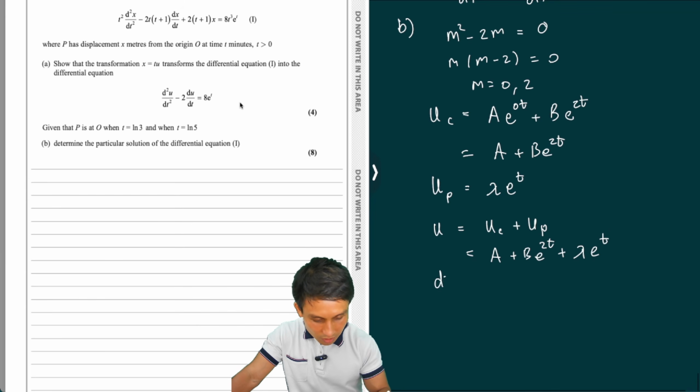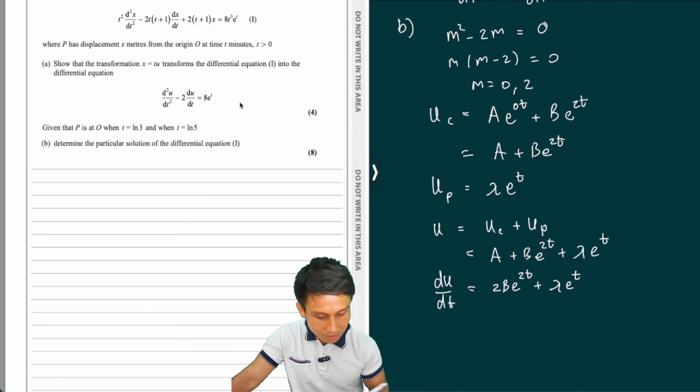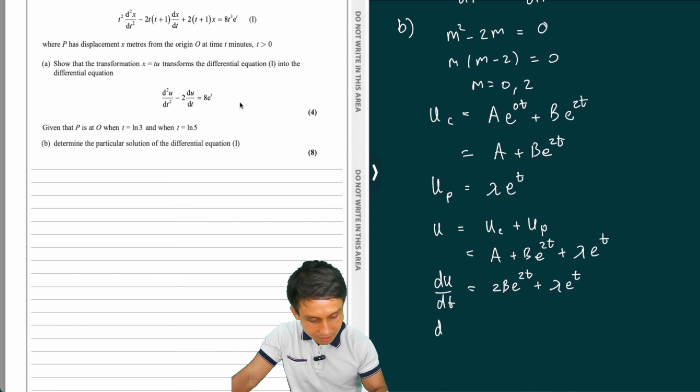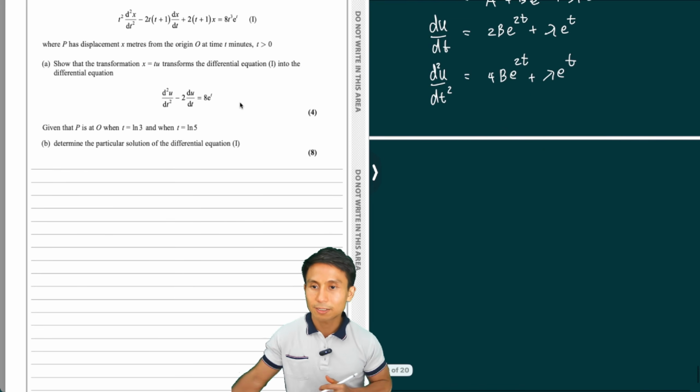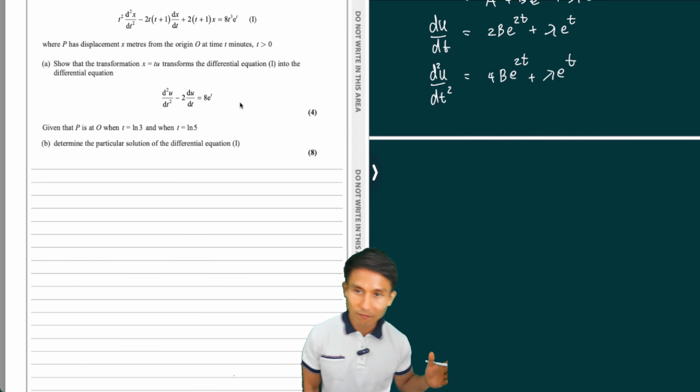And now we do du by dt. That's just 2b e to the 2t plus lambda e to the t, which doesn't change here. And then again, d squared u by dt squared equals 4b e to the 2t plus lambda e to the t. Okay, now we're going to substitute everything.